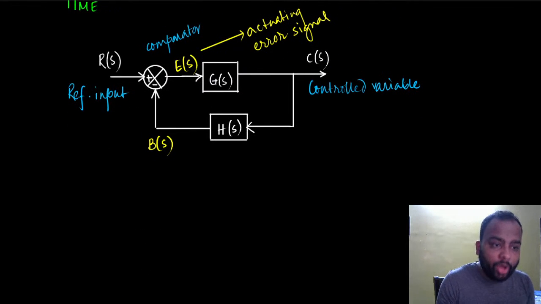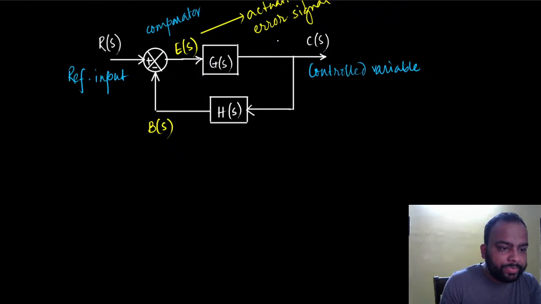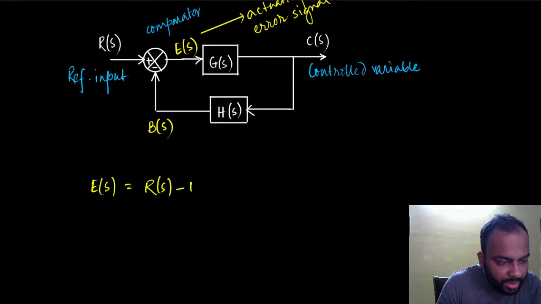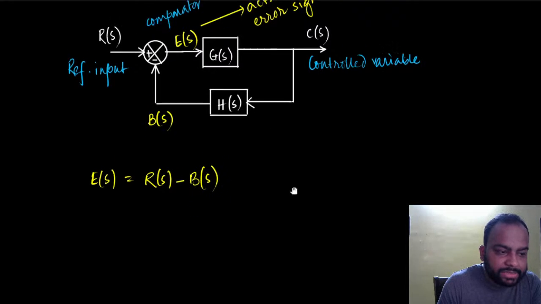All right. And we also know quite easily that the total transfer function here can be derived very easily. Let's just derive it once more. Okay, so R(s) is going into this, and B(s) has been subtracted from that, so I get E(s). So E(s) is essentially R(s) minus B(s). But what is B(s)? B(s) is the feedback signal.